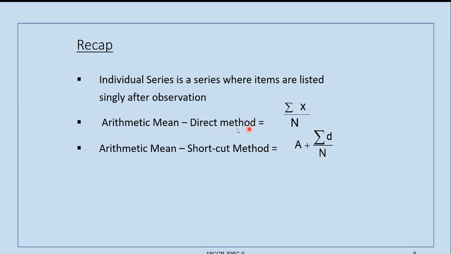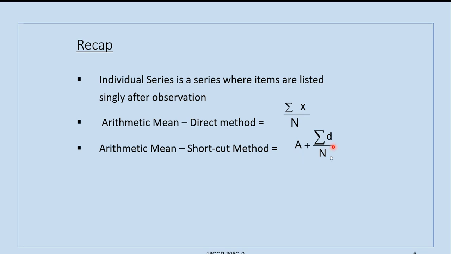And as I said, there are two methods, direct method and shortcut method. In direct method, we will be taking sigma x by n. X is observations, the value of observations, and sigma is sum of all the observations. So sigma x will be sum of all the observations divided by the number of observations.